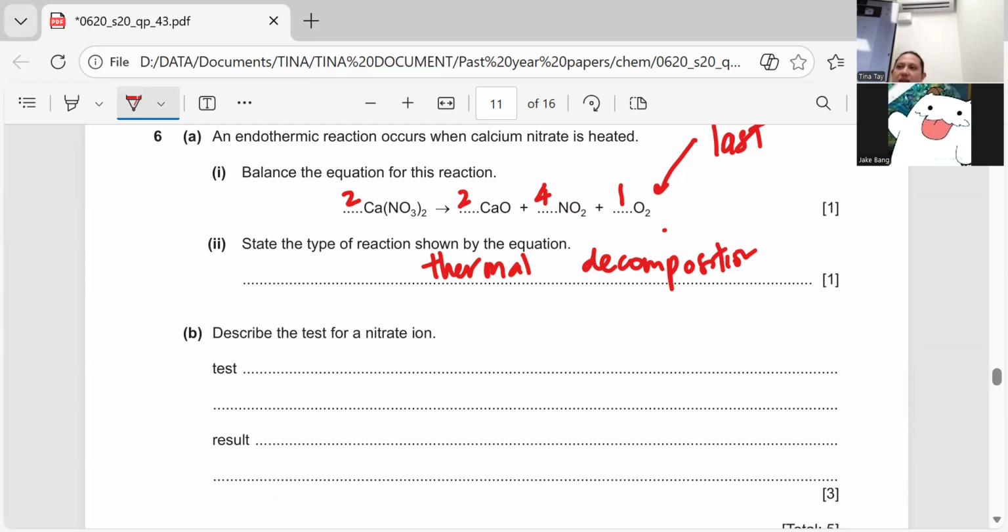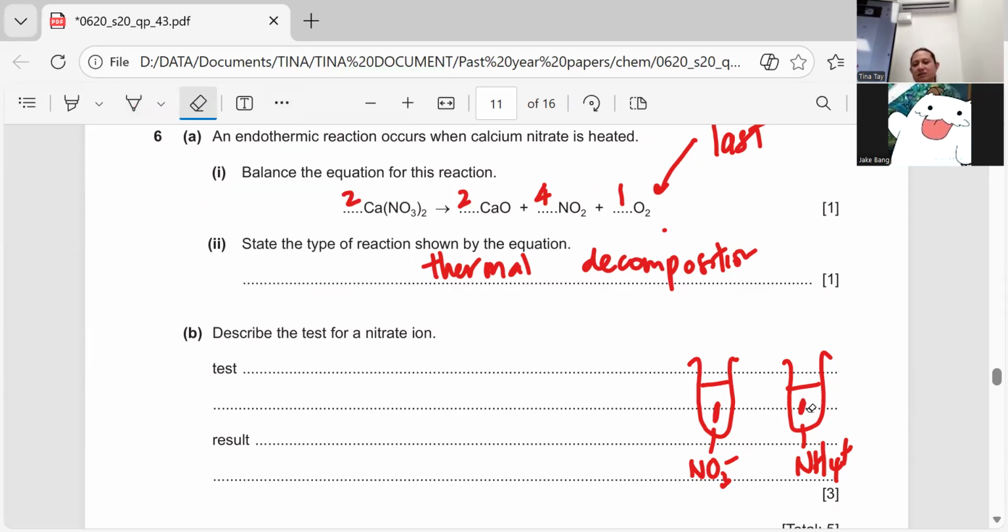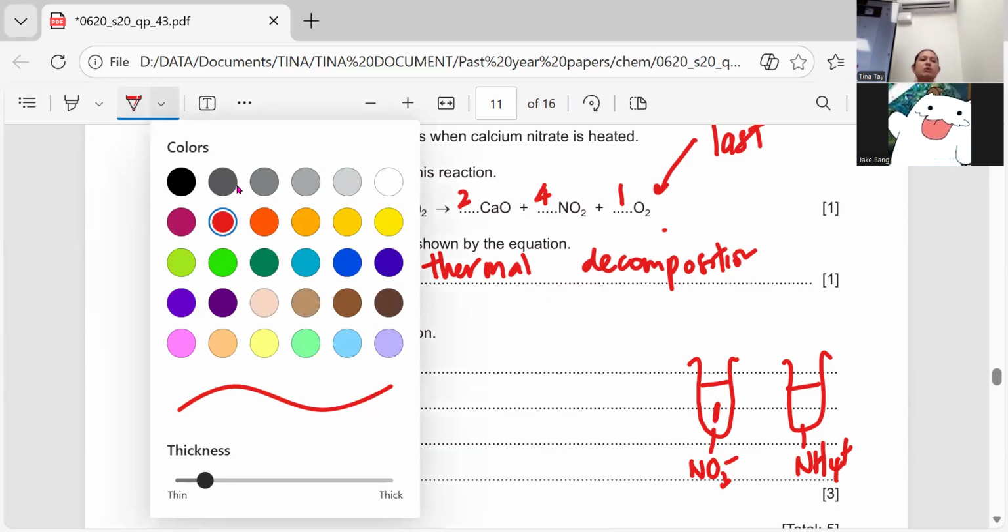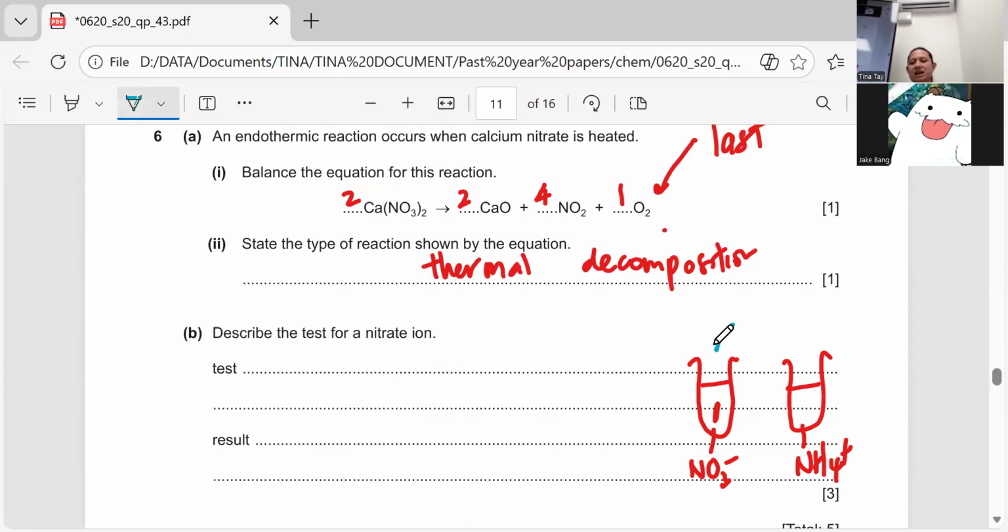The test for nitrate ion is almost the same as the test for what? Ammonium ion. Both, you add sodium hydroxide.